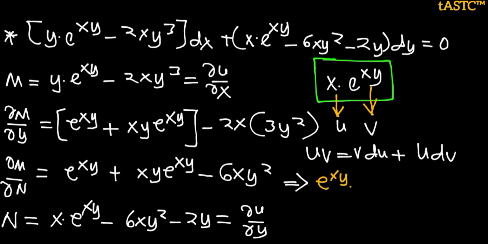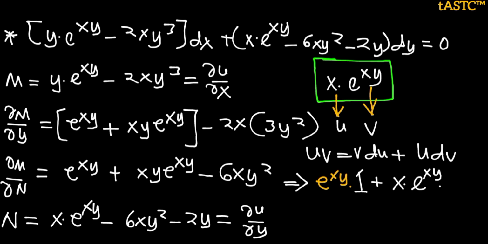Now what is du? Du means the derivative of this, that is with respect to x. So that obviously is going to give us a 1. So I'm going to have a 1 there. Then on this side we have an x, which is u. And then we need to work the derivative of this, which is going to give us e to the xy multiplied by the derivative of xy.